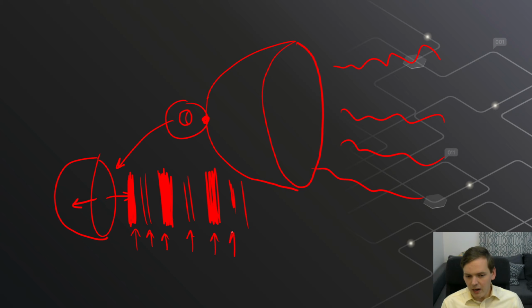So if there's a high frequency sound wave, meaning those air particles are vibrating back and forth really fast, then the eardrum, in theory, will also vibrate back and forth really fast.